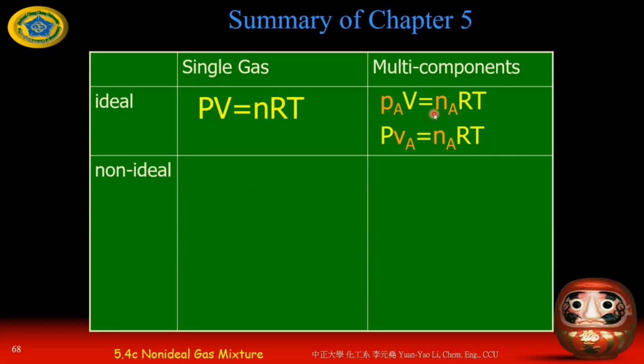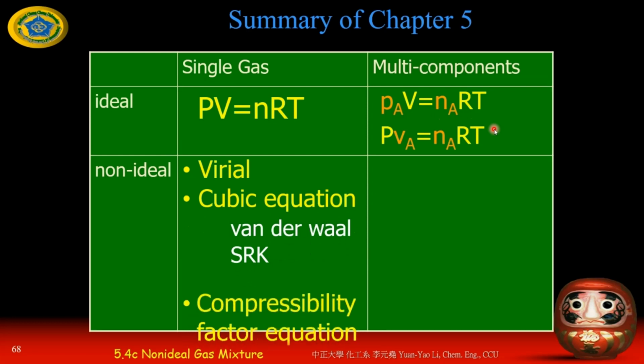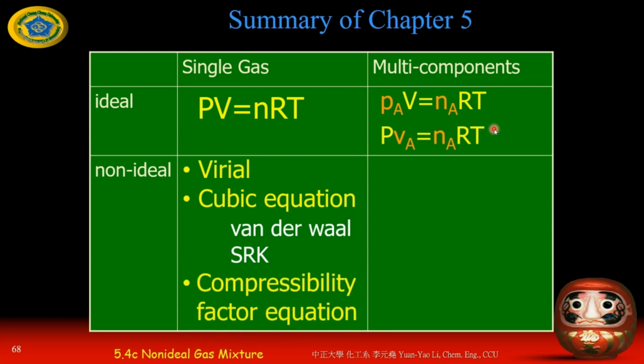For the single gas, we use the virial equation of state, the cubic equations of state, and the compressibility factor equation. For multi-component non-ideal gases, it will be Kay's rule only. We only introduce you to this. Of course, there are mixing rules, but we don't introduce them here.